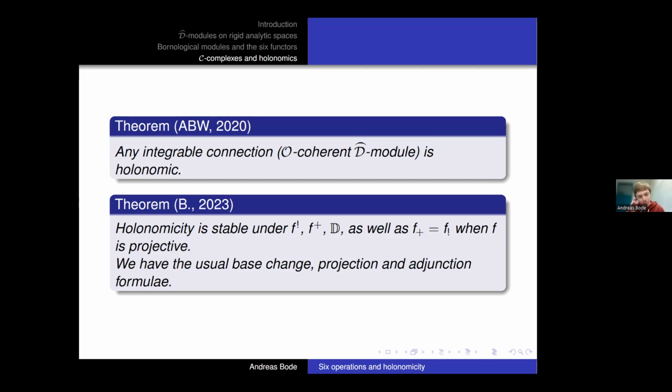And basically the hope is that you can also prove stability under tensor product, but this is going to be quite subtle. The idea should be, philosophically, that holonomic D-modules should be constructible out of integrable connections, and then you run a descent argument.